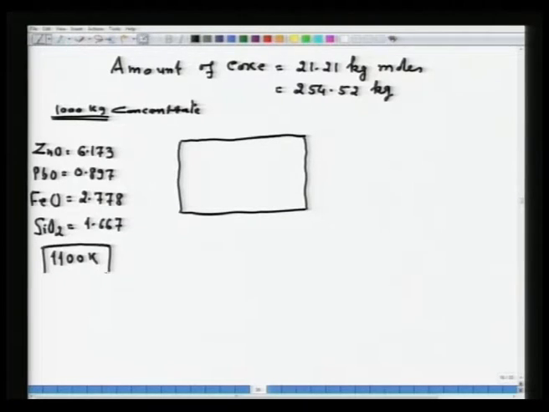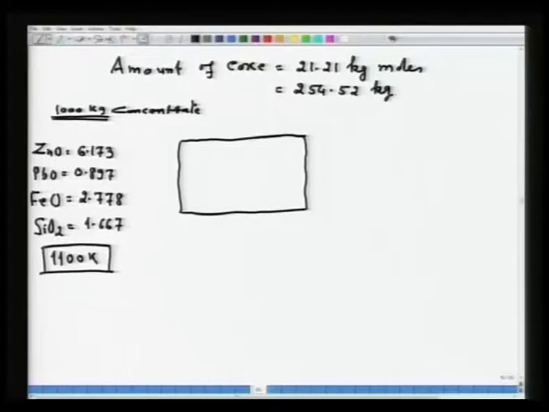That is, the sinter enters the zinc blast furnace at 1100 Kelvin, and normally the sinter roasting process is integrated with the blast furnace smelting for zinc. So, the temperature is of this particular order.